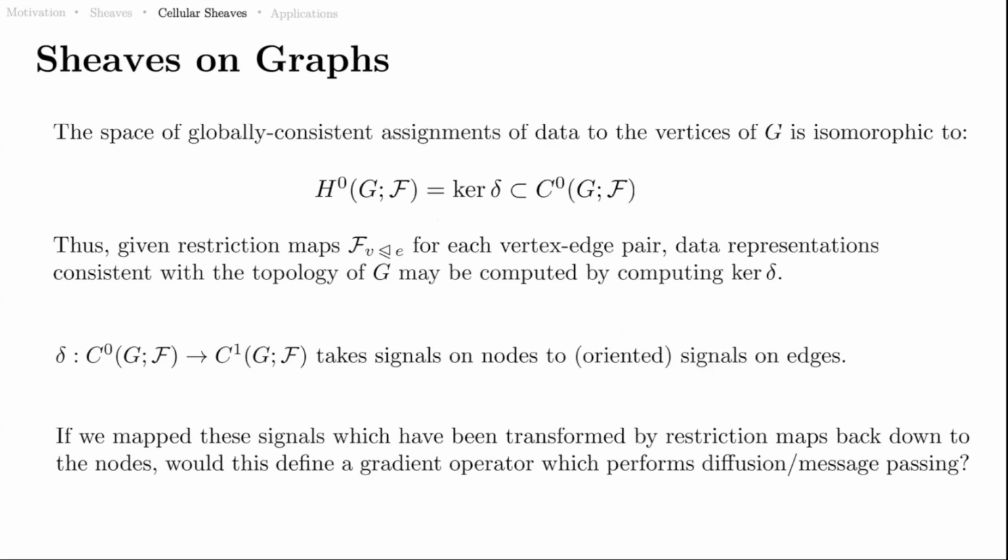As we noted before, we're going to be hunting for the kernel of this coboundary. The space of globally consistent assignments of data to the vertices of the graph, the space defined by the sheaf, is the kernel of this coboundary operator, which sits inside this product space, as we saw earlier.